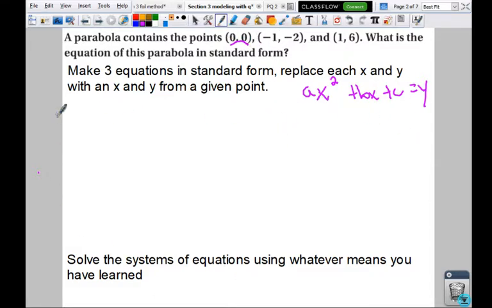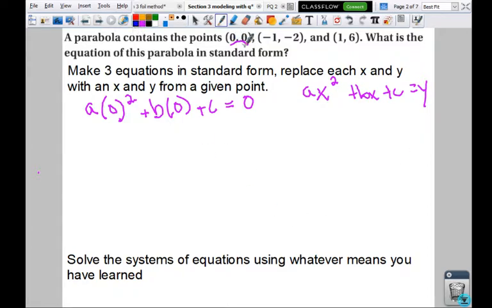So I'm going to go a times 0 squared plus b times 0 plus c equals my y, which is 0. And we're going to do this with our other points, because after we do this, we're going to make a matrix and solve it. So we're going to make a big matrix today and solve it. But we're going to use our calculators, so that's going to make it nice.